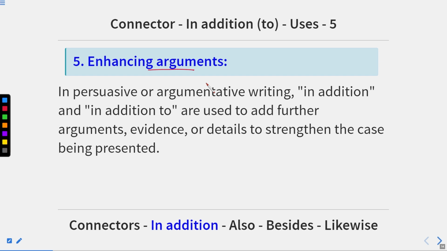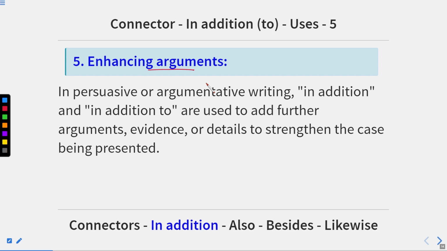Enhancing arguments. Now, this is very, very important. Whenever we say something and we want to argue with someone else to make our point clear or to prove a point, or whenever we are in a debate with another person and we want to prove our statement, we provide extra information to make our point persuasive or clear.